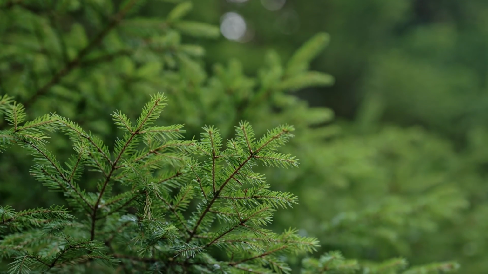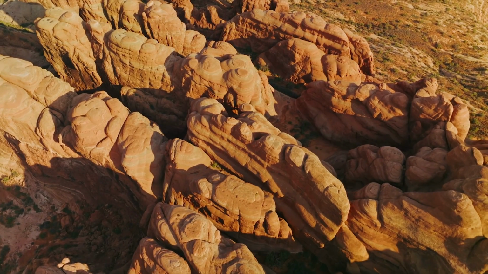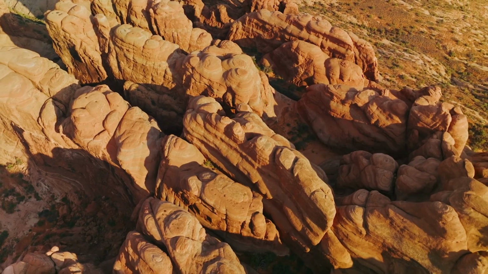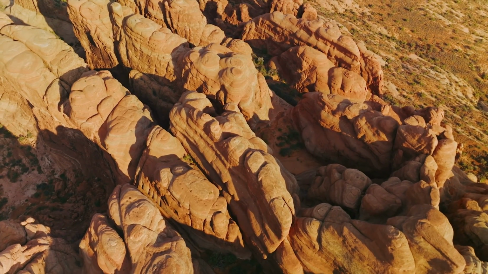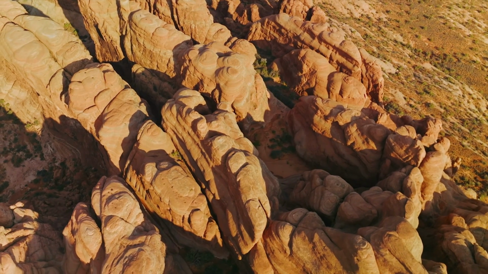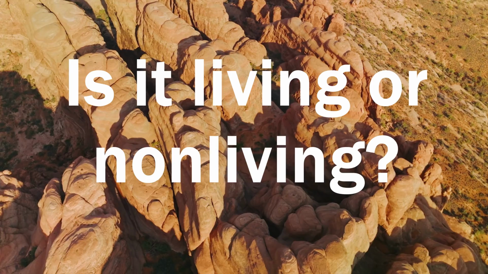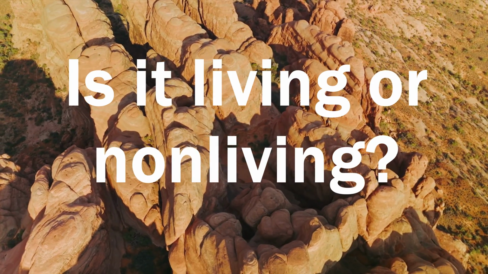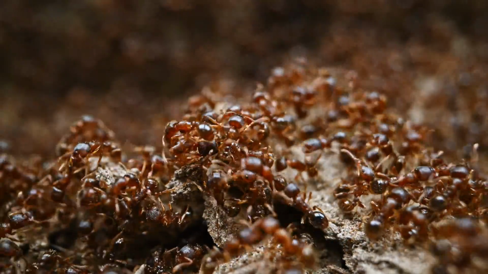Let's explore together. In science, we often start by putting things into groups. That is also called classification. One big way to group things is by asking this question: is it living or non-living? Let's start with living things.